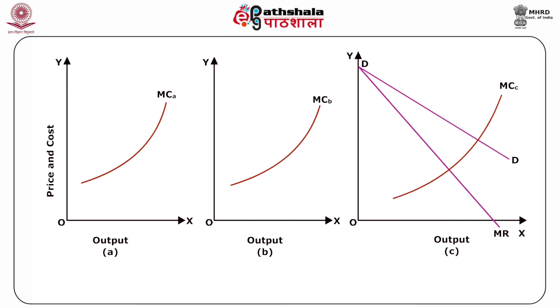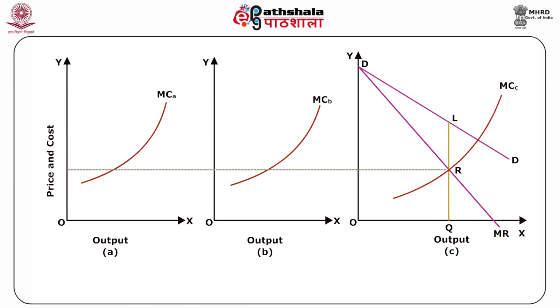The point at which the MR and MC curves of the cartel intersect each other is the output at which the cartel maximizes its profit. In figure 1C, the marginal revenue and marginal cost curves of the cartel intersect each other at point R, where output OQ is produced.